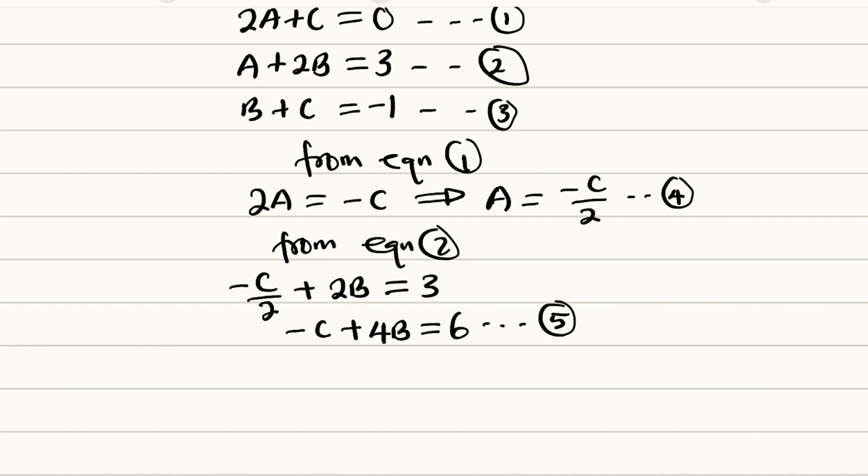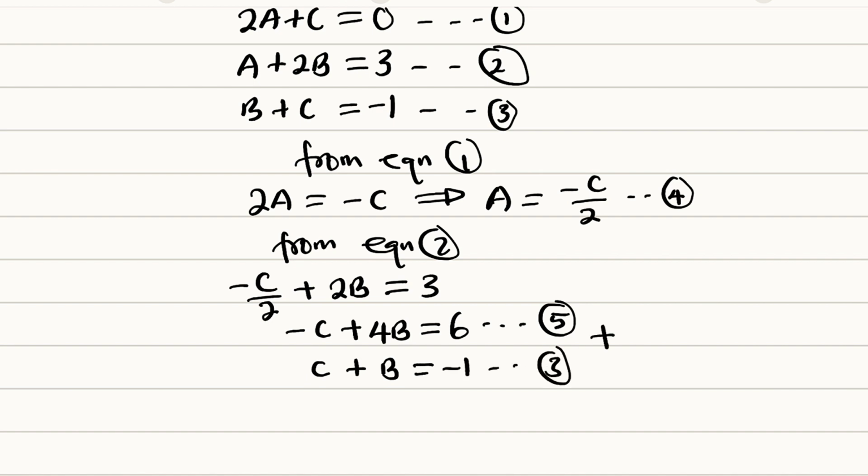Now we can bring equation 3, join it to equation 5, solve them simultaneously. We have b plus c equal to -1, but I can write it as c plus b, commutative, it's all the same. c plus b equals -1. Remember, this is equation number 3.